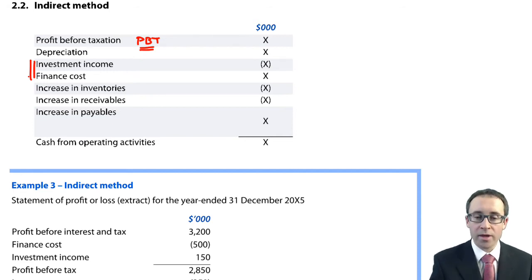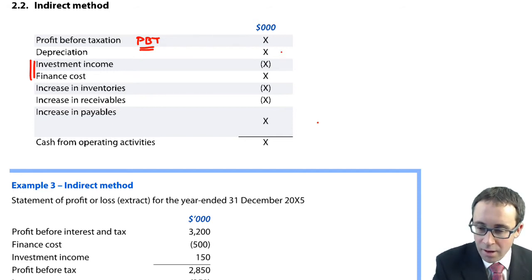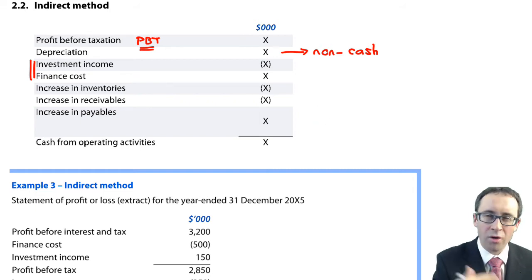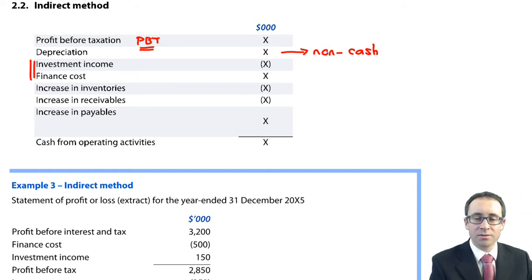Okay, the other thing that you've then got to deal with are any non-cash items. The prime example that you usually have there is depreciation. There could be other non-cash items such as amortization, profit or losses on disposal of PPE, but for now, we're just going to worry about depreciation. It's a non-cash entry, isn't it?